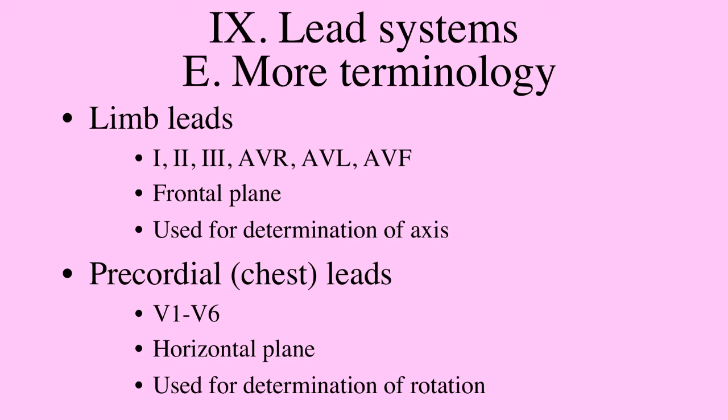And I'll review that a little more as we start to use that, because we'll be using those to determine rotation. The limb leads are used for axis, and the precordial leads are used for rotation. And I'll come back to the exact position of those when we get to those topics here in a little bit. So for now, know the difference between limb leads and precordial leads.